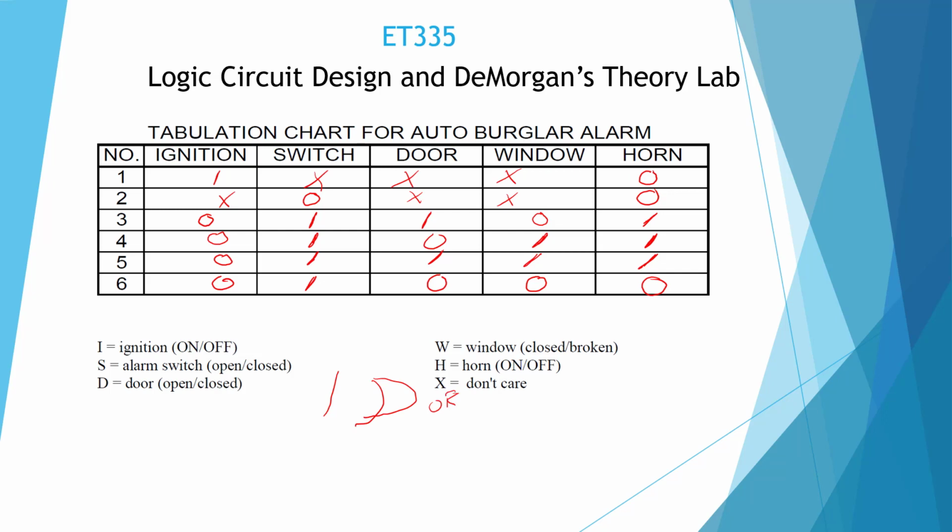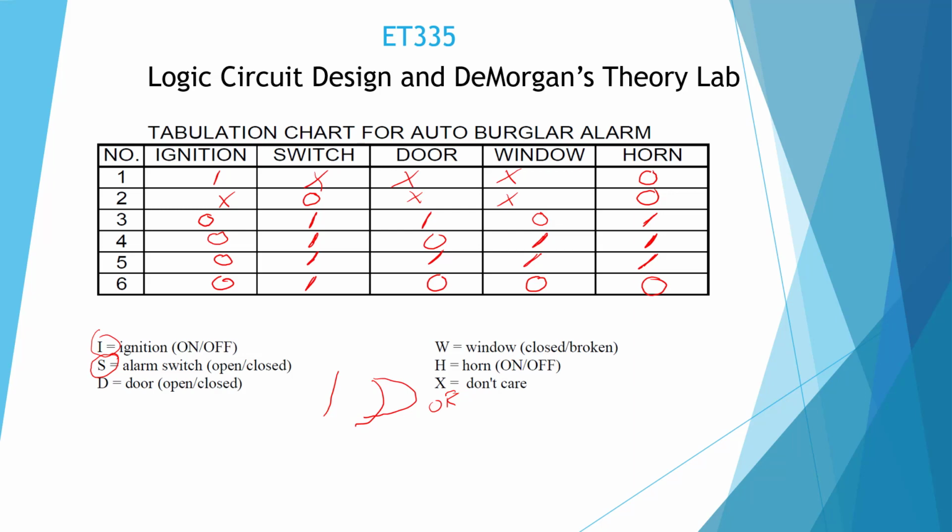You could go through and do this as a logic circuit, but my suggestion is this is a control gate problem. Our ignition and our alarm switch are both control gates. These should have one input and then one input for a switch, and that should enable or disable our alarm.